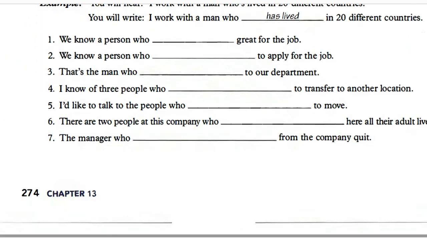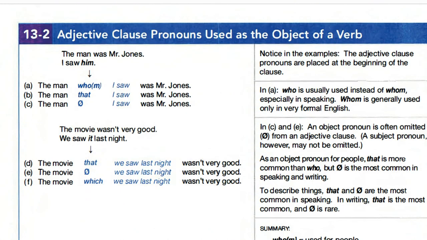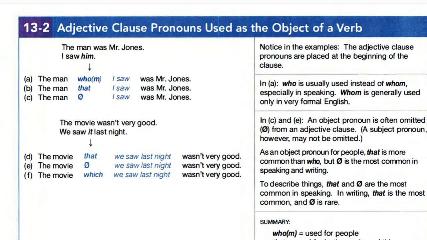In the next one we have number 2, adjective clause pronouns used as the object of a verb. So what is the meaning here? Object of a verb: The man whom or who I saw was Mr. Jones. The man that I saw, and the man I saw was Mr. Jones.